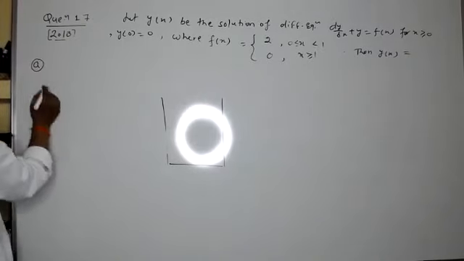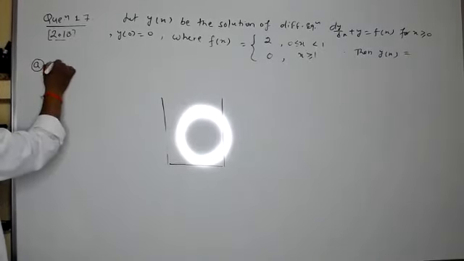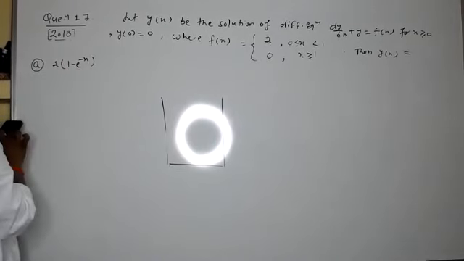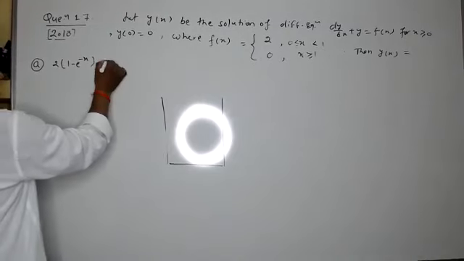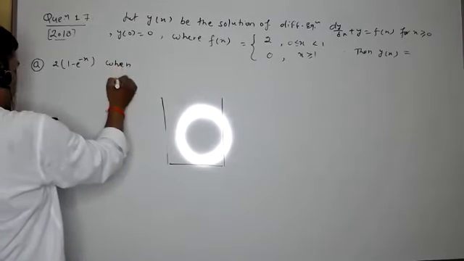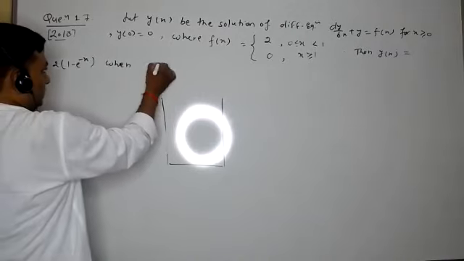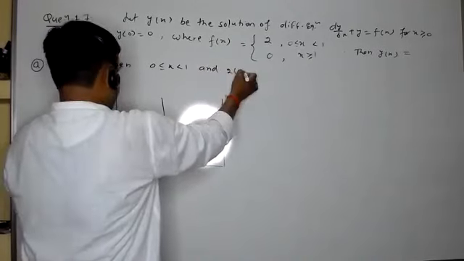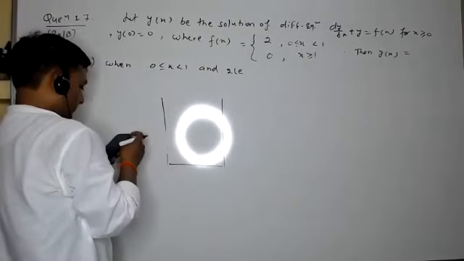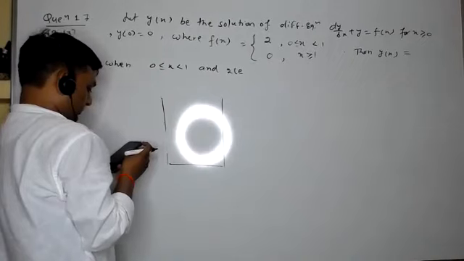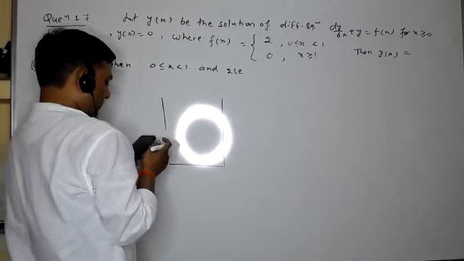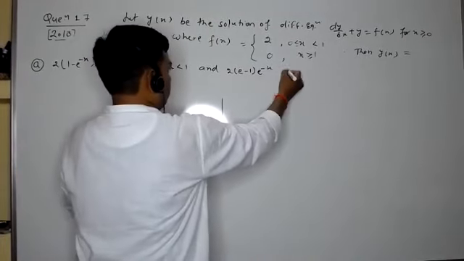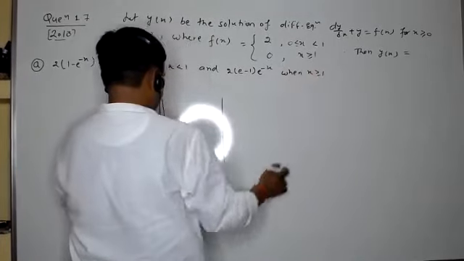Their options are a bit interesting, so we can note down those options. 2 into 1 minus e raised to the power minus x when 0 less or equal to x less than 1, and it is 2 into e minus 1 into e raised to the power minus x when x is greater or equal to 1.